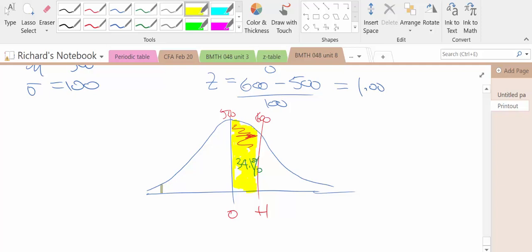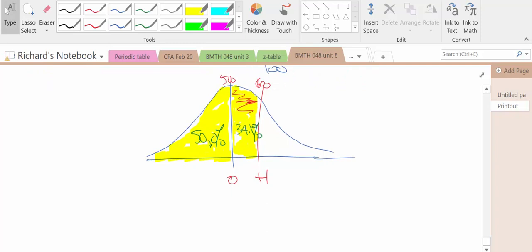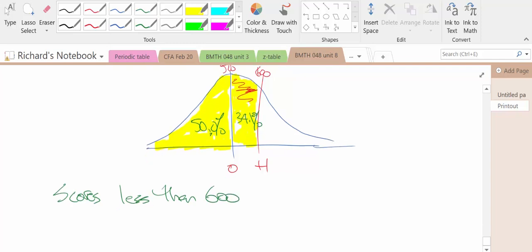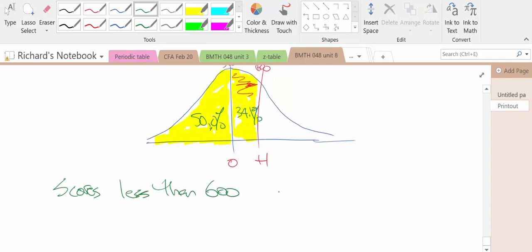But also, here's the thing, 50% of the scores lie below the mean. Okay, so that's 50%. So how many scores lie below 600? Well, scores less than 600 will be 50% plus 34.1%.